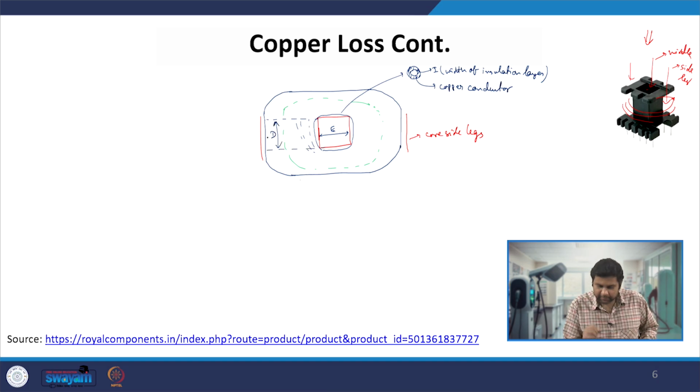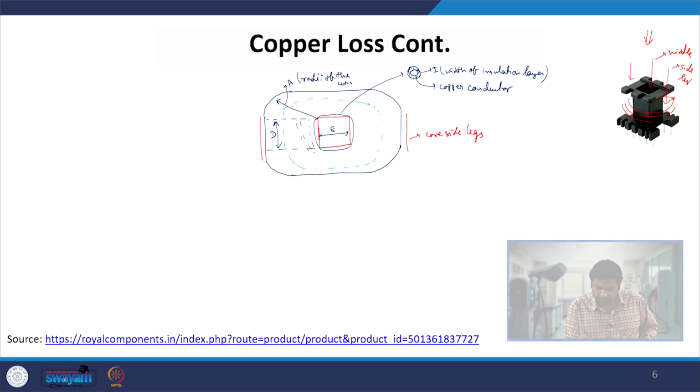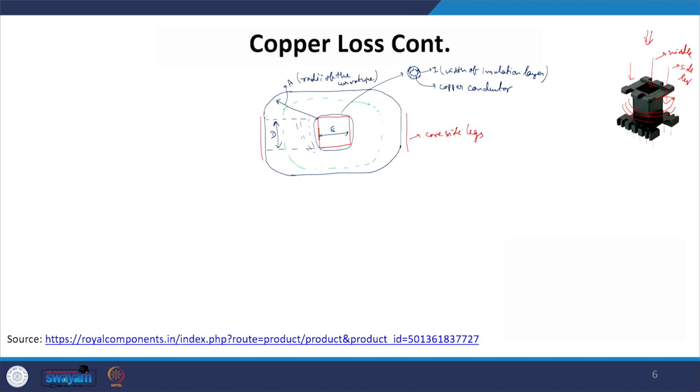to be D. Then assume we have this curvature here, because windings, when they are wound, will look curved, and assume the radius of this curvature to be A. So A is the radius of the curvature of the winding when it is wound.